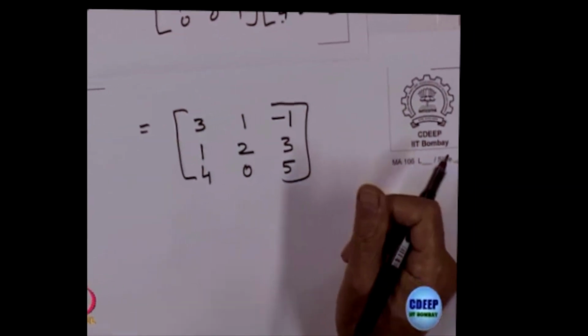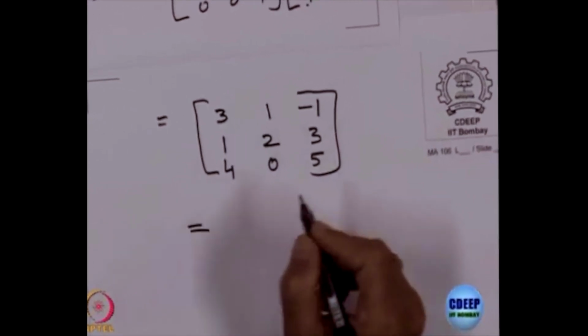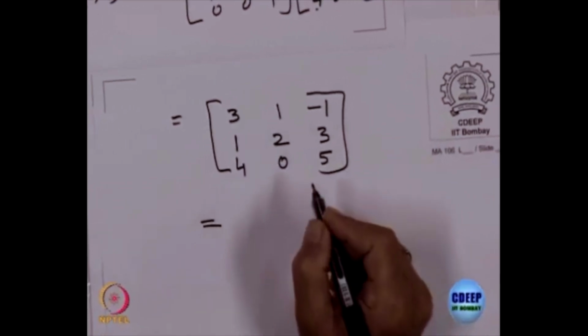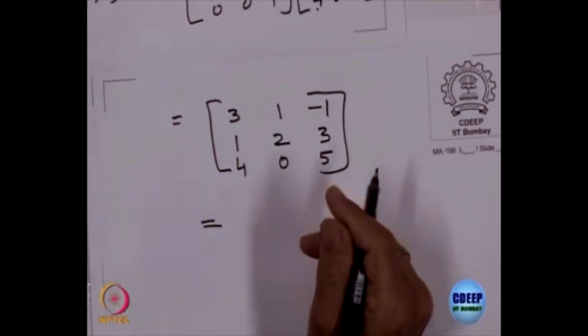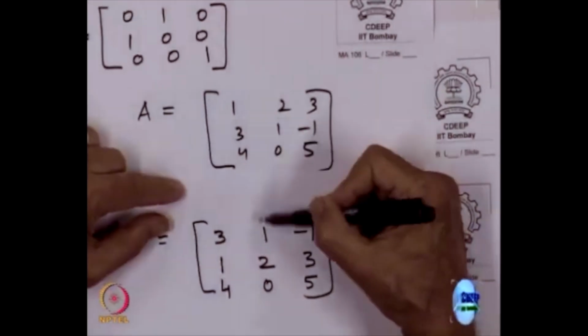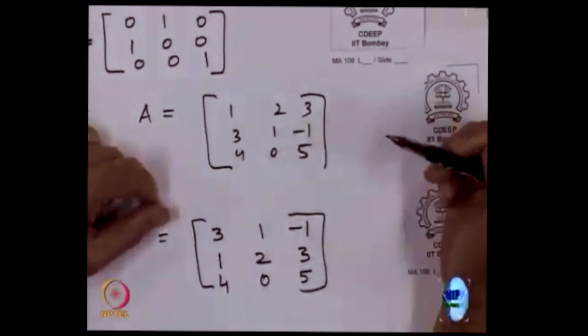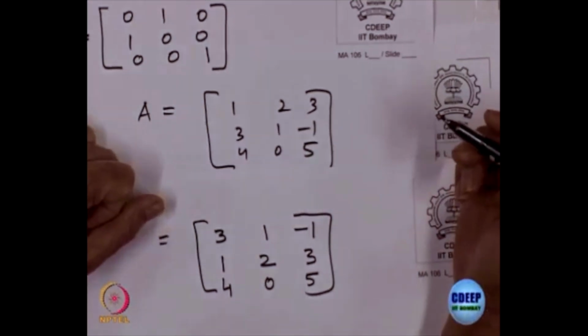What is this matrix? This is precisely the matrix A with R1 interchanged with R2. So, what we are saying is the following.